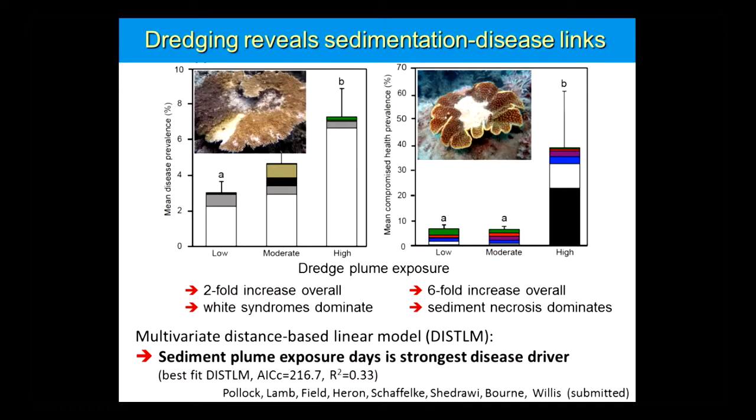So I think this study, in summary, highlights that there are clear links between impacts like dredging and disease, and in particular white syndromes, and that there is some increasing urgency to manage these sorts of impacts in any coastal developments or dredging operations that might increase turbidity and sedimentation on reefs.